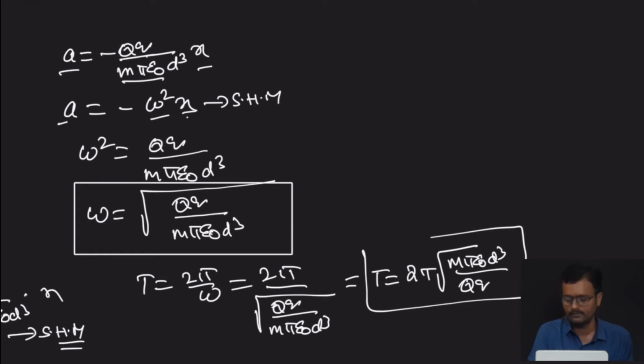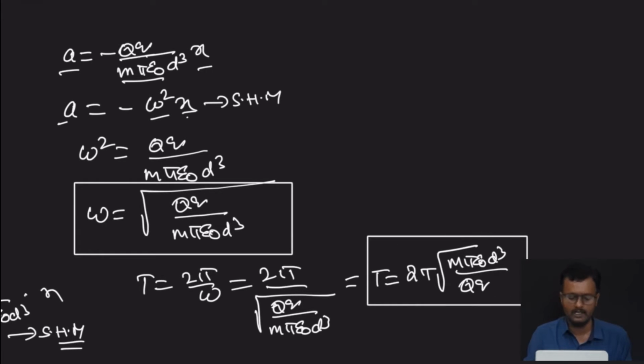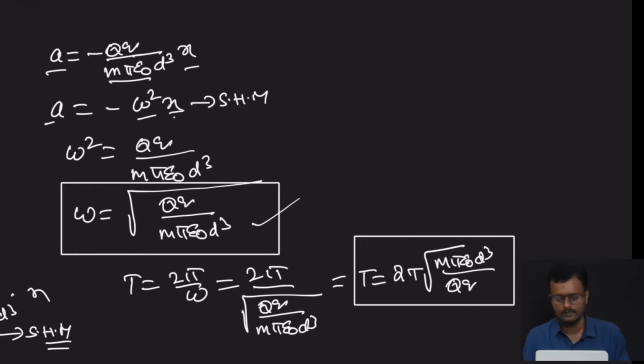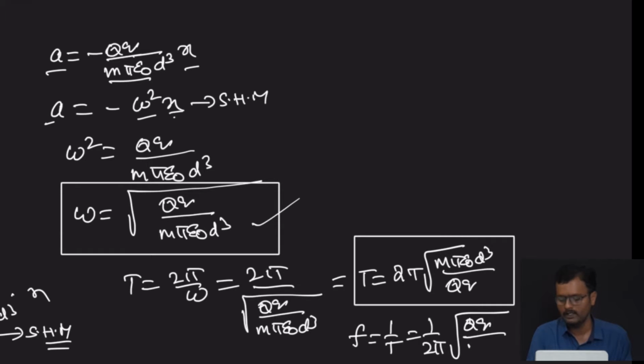So this is the time period and this is the angular frequency. So what is the frequency of oscillation? Frequency is equal to 1 by T, that is 1 by 2 pi square root of the inverse of this fraction, that is q by m pi epsilon naught d cube.